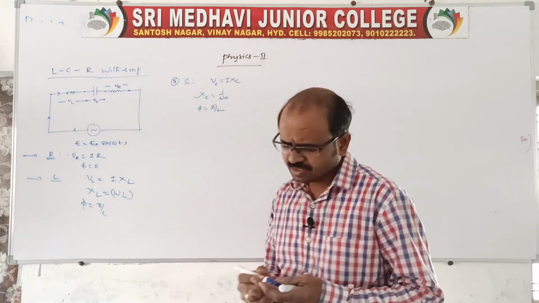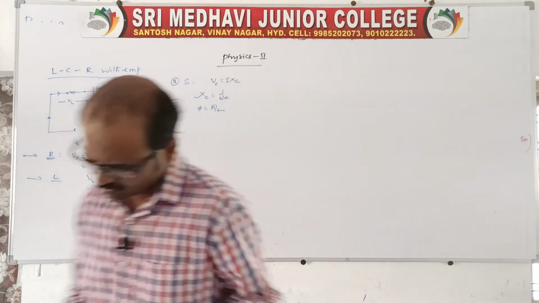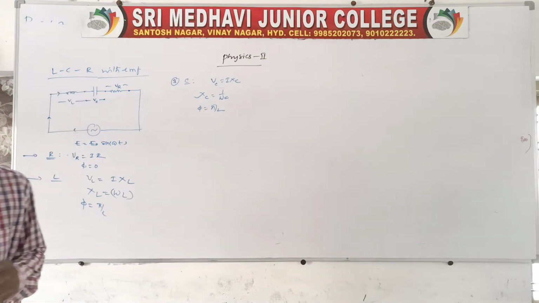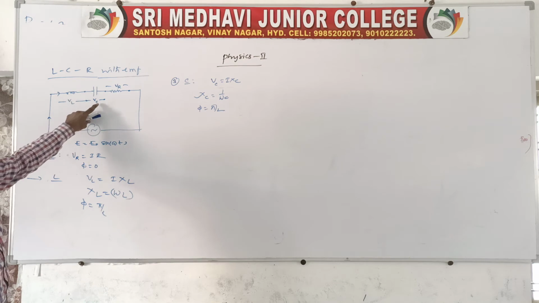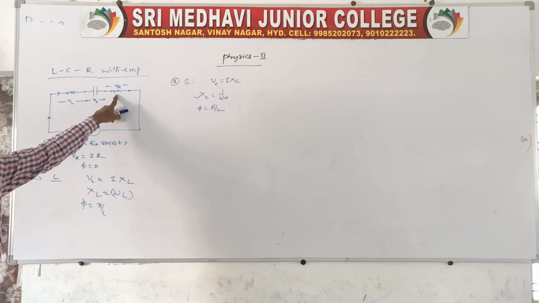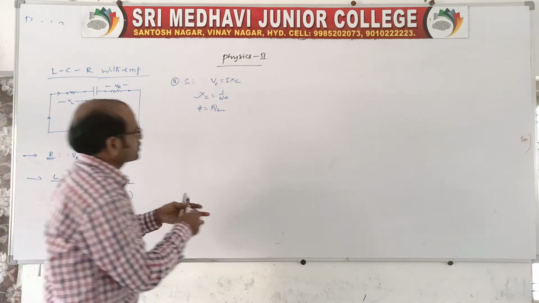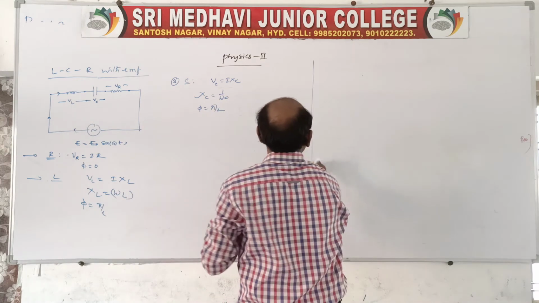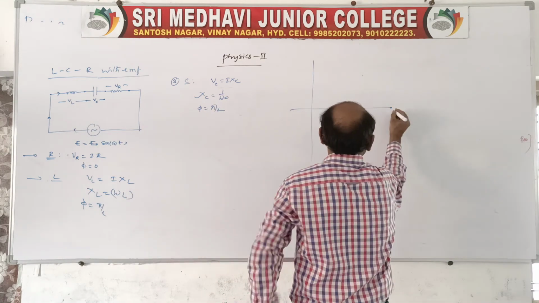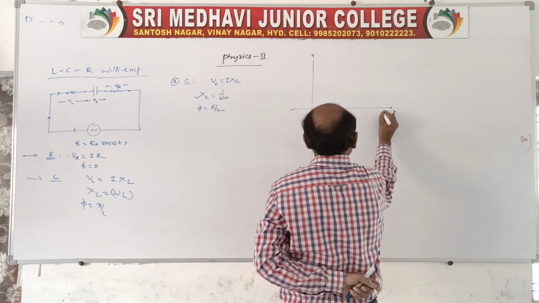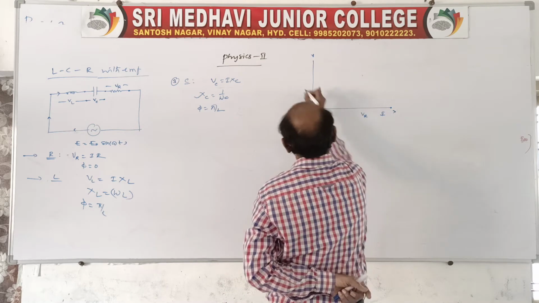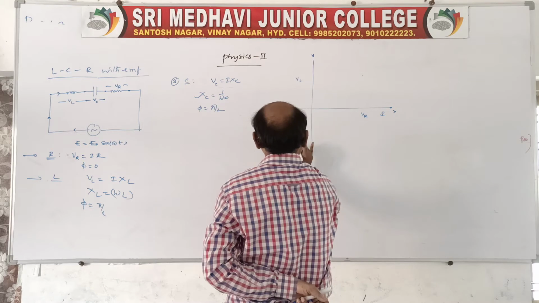Now we want to talk about the graph. First of all, I want to draw the graph using these three, L, C, R. Look here. You take it like this: X axis, Y axis, and minus Y. Here the current, or VR, is taken, here VL is taken, and VC is taken.